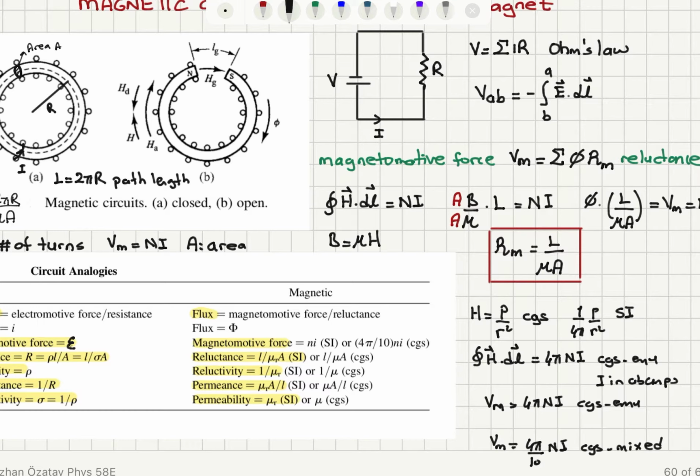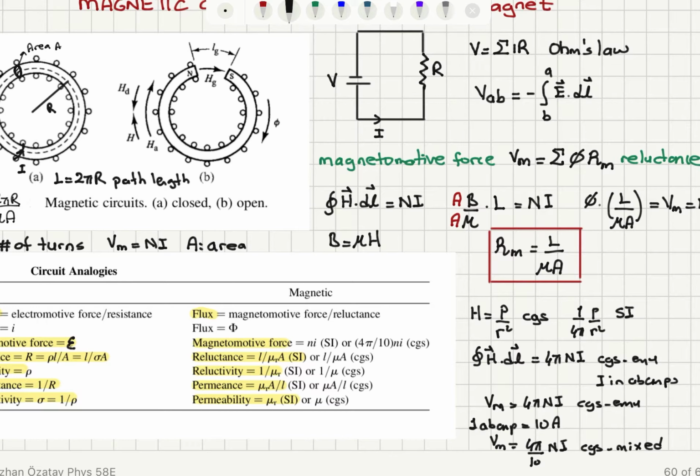So we can check this. If you remember, 1 ab amp is equal to 10 amps. So if you have 1 ab amp, you would get 4 pi Ni as the answer.